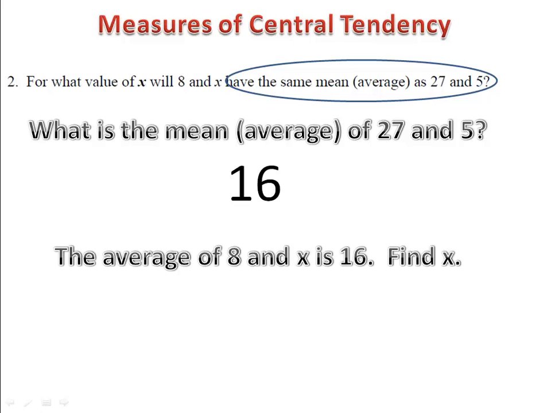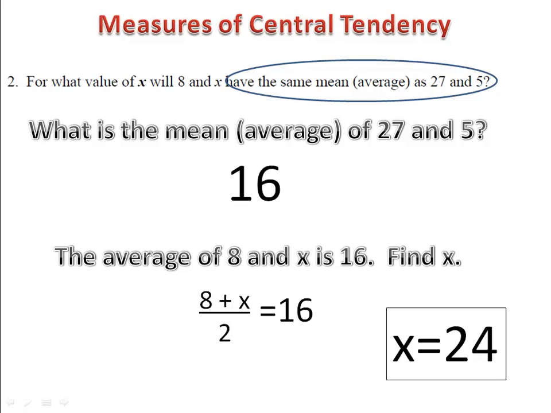So the average of 8 and x is going to be 16 also, because we want 8 and x to have the same average as 27 and 5. 8 plus x divided by 2 equals 16, and now I can solve the equation, and I find that x is 24. The numbers 8 and 24 have the same average as 27 and 5.